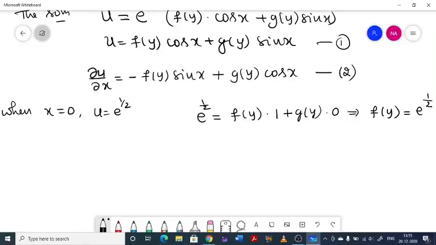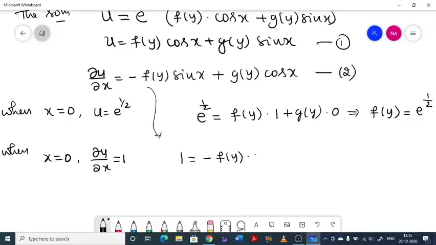Next, the second condition is when x equal to 0, dou u by dou x equal to 1. So from equation 2, 1 equal to minus f of y into sin 0, which is 0, so no need to worry about the first term. Second term, g of y into cos 0, 1.